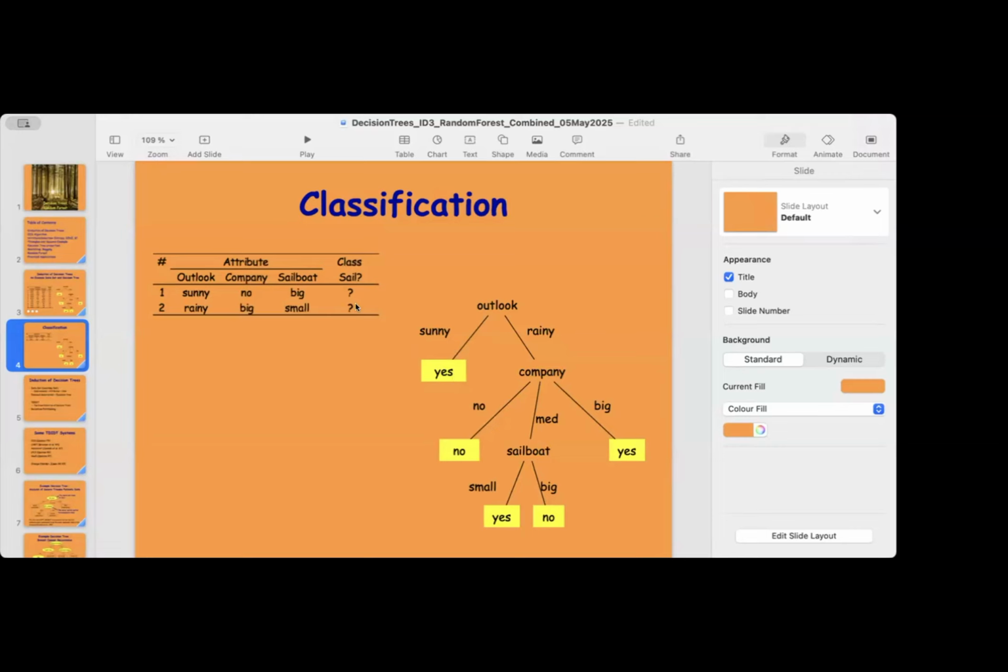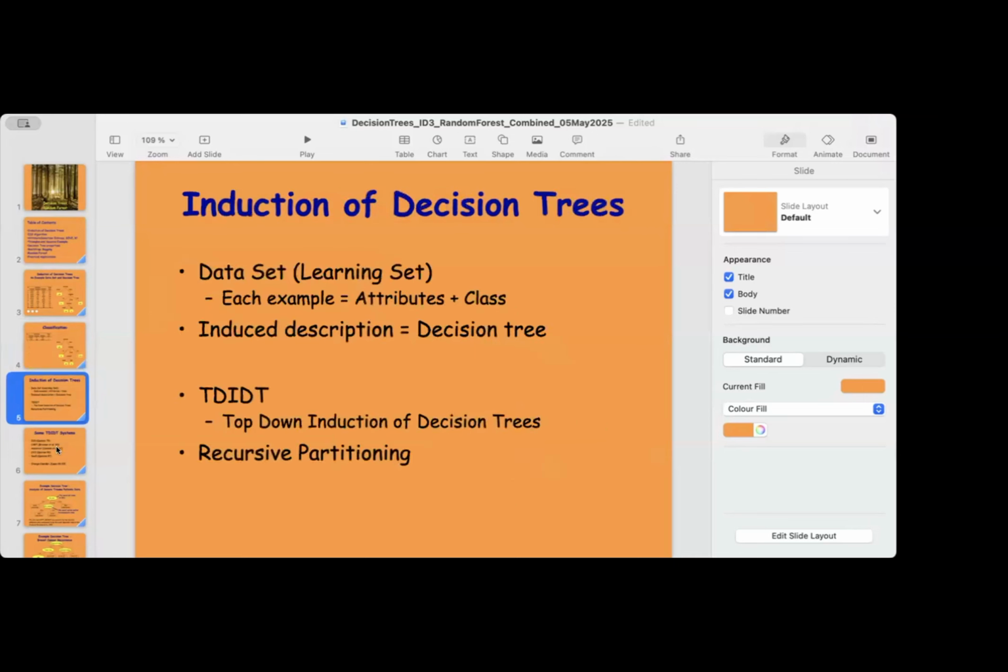Same for the second one. As many data as we have in the 20%, we're going to compare the answer the tree provided with the actual class that's in the data and determine if it got it right or not, and what is the percentage that it got it right, what is the accuracy of this model.